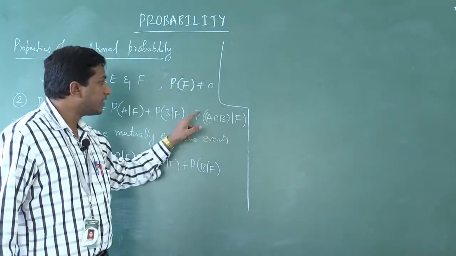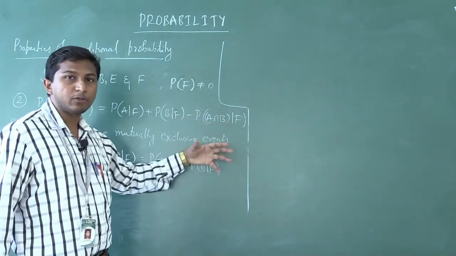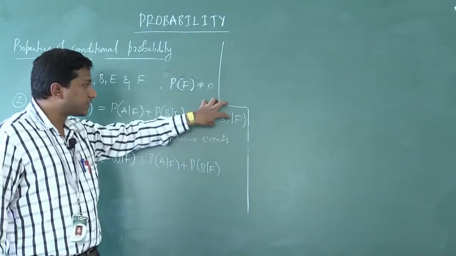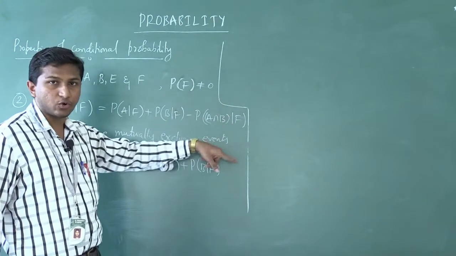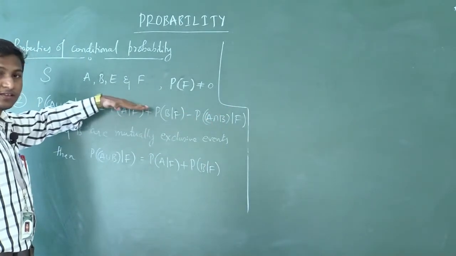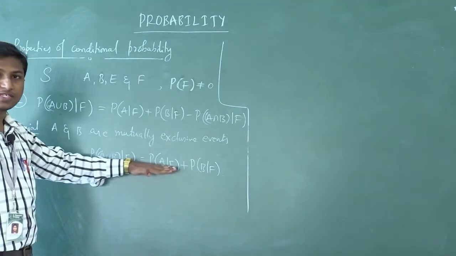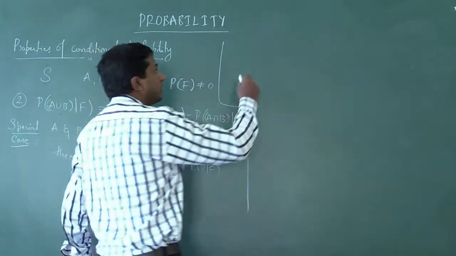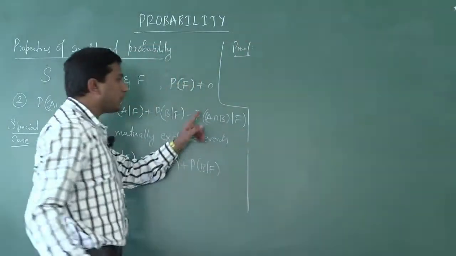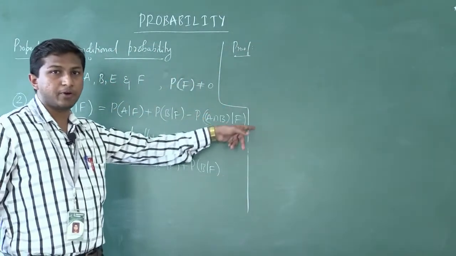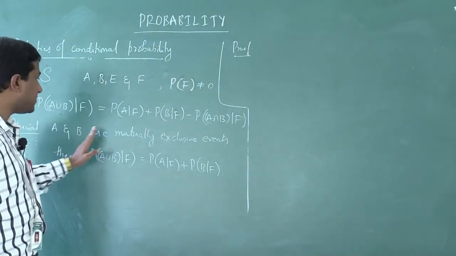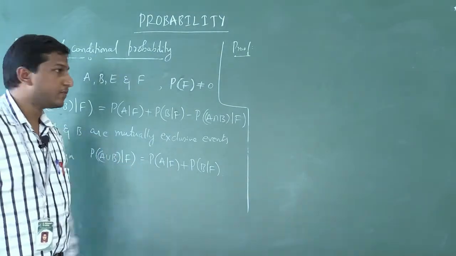In fact, the third term value will be equal to 0. So we are going to prove that the third term value is 0, hence reducing this expression to this equation. All we have to do is prove that P of A intersection B bar F is equal to 0 whenever A and B are mutually exclusive events.